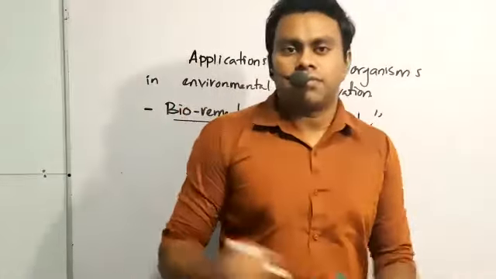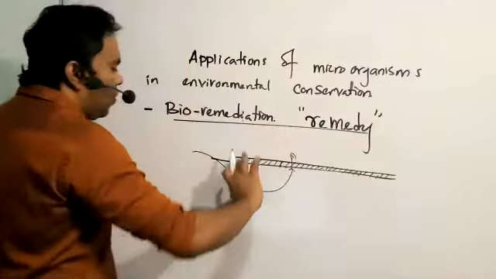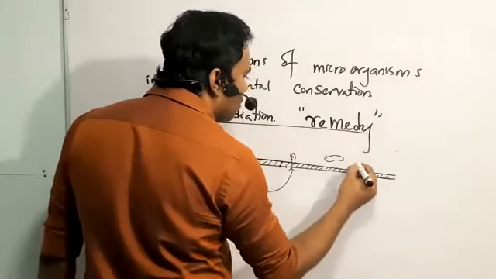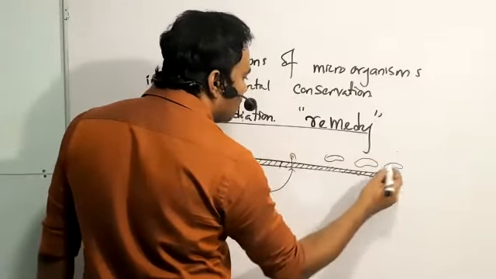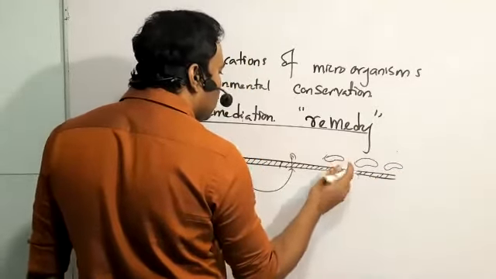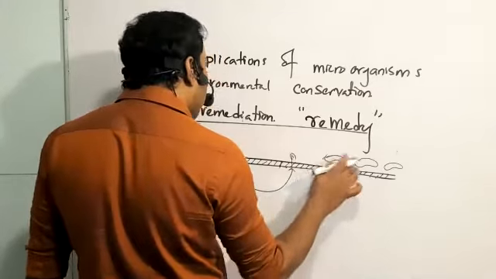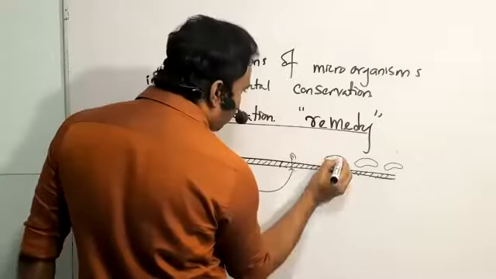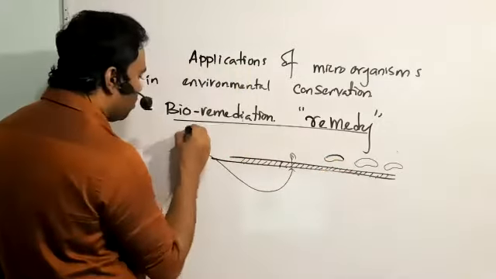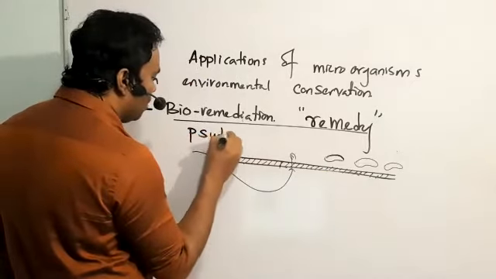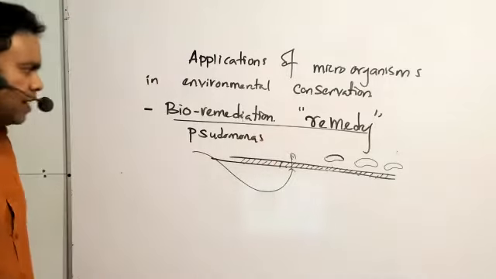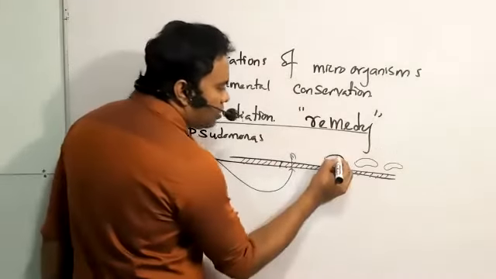In that case, oil eating bacteria come. Bacteria come here. This is nice food for them. The bacteria is called Pseudomonas. These types of bacteria can be used within several hours.